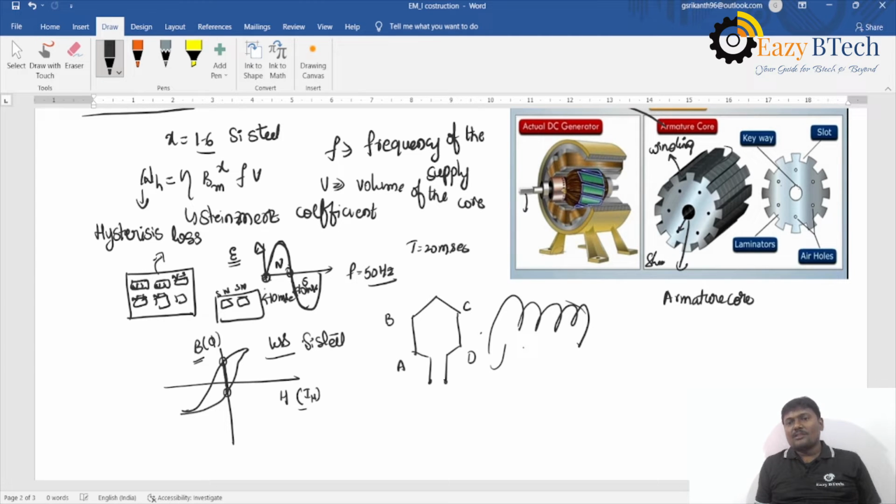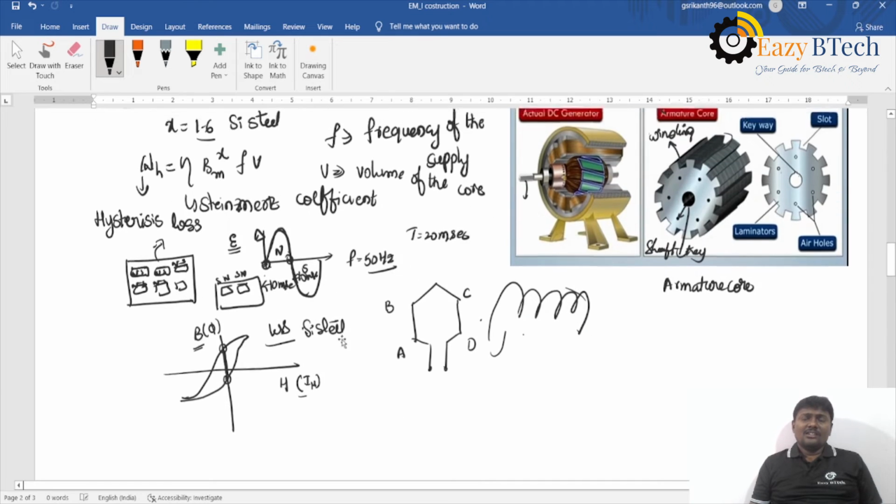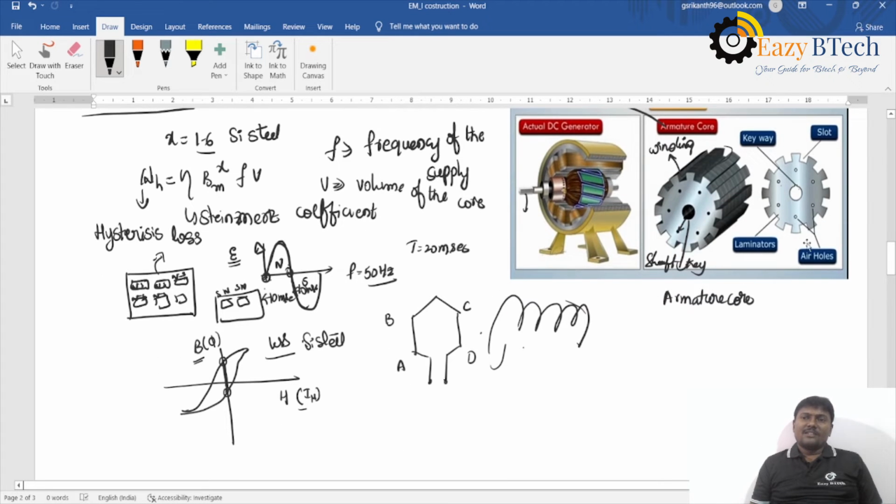Here you can observe that we insert the shaft in this small hole, and a shaft key is provided. Once the shaft is inserted and the key is pressed, it will be locked. Then the armature rotates.